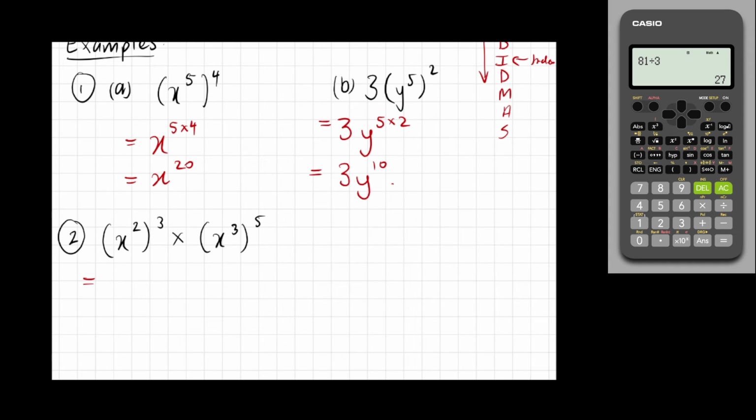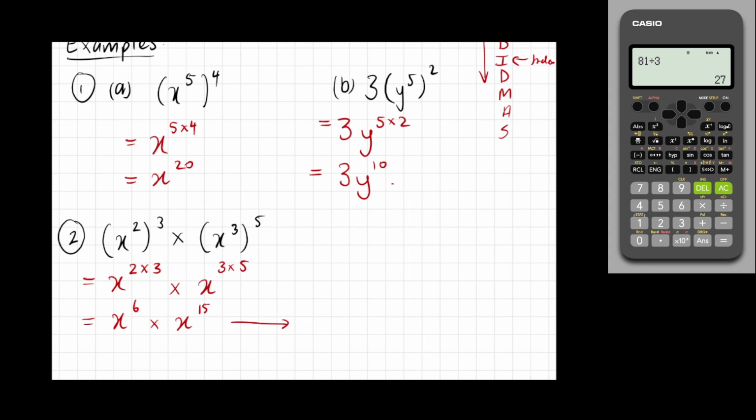Nothing on the inside of the brackets that we can really deal with. Let's then do the indices. Power of a power: x to the 2 times 3, times x to the 3 times 5. Simplifying this, x to the 6 times x to the 15.